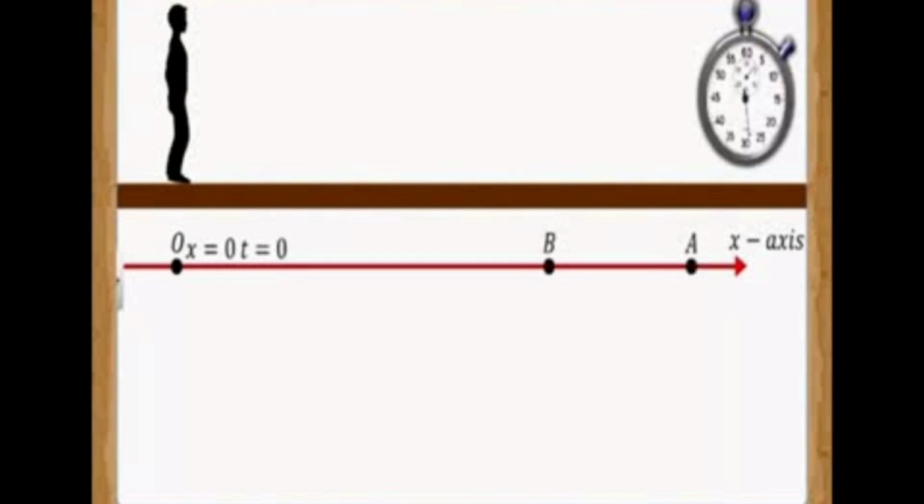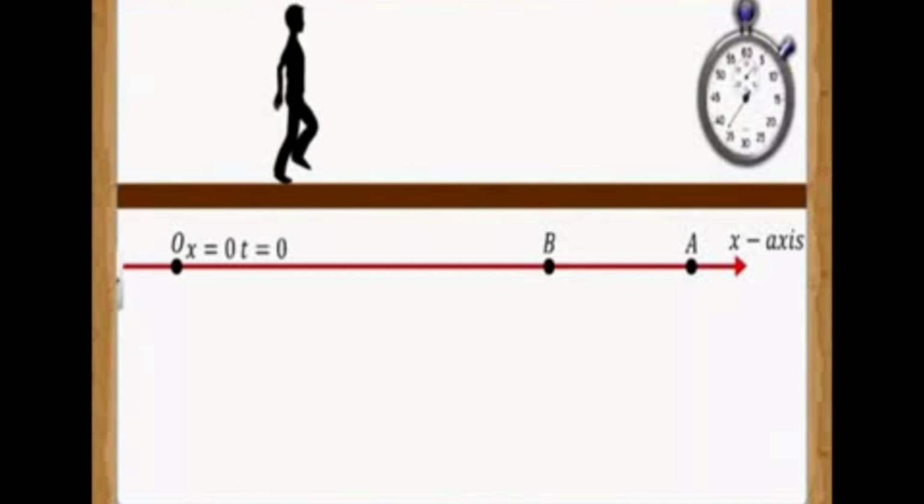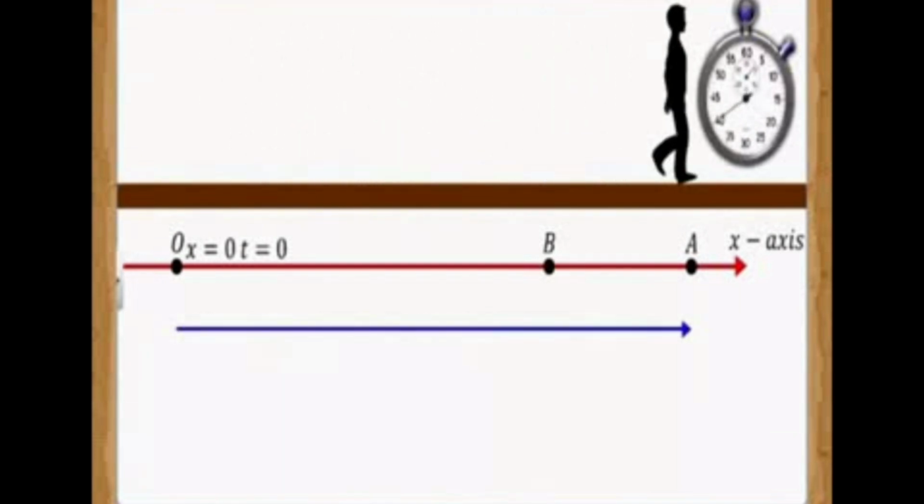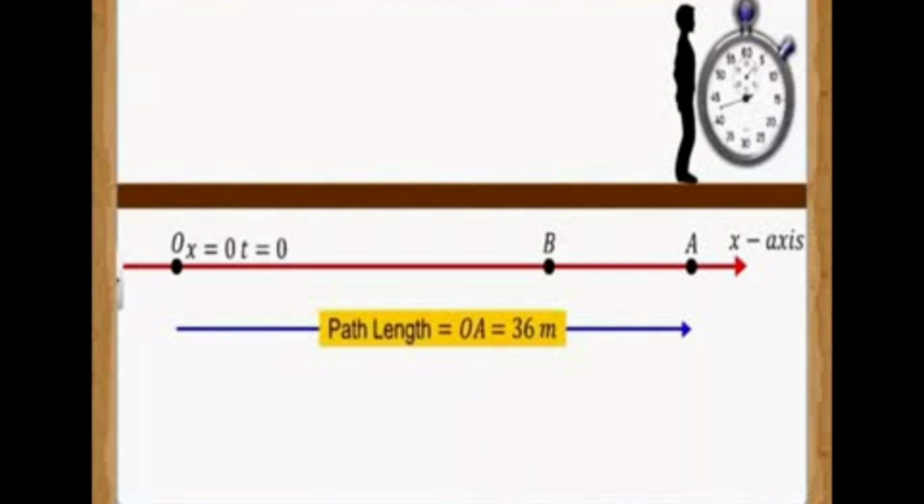After some time, the position changes from O to A. The distance traveled by the object or the man is indicated by the blue arrow from O to A, which is 36 meters. That is called the path length.